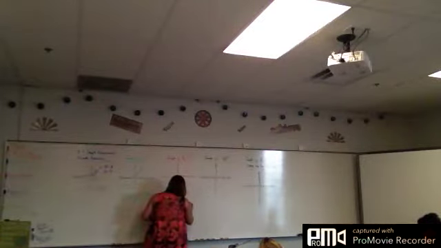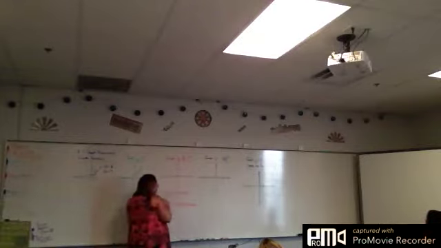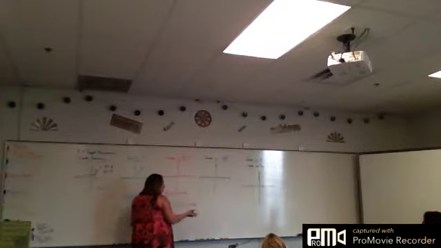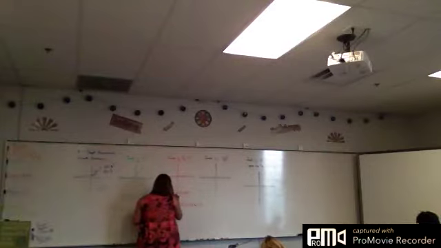So then I get y equals 1/2 times 1/16, which gives me what? What's 2 times 16? 32, so it's 1/32.